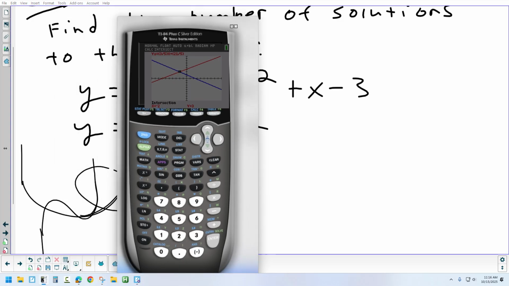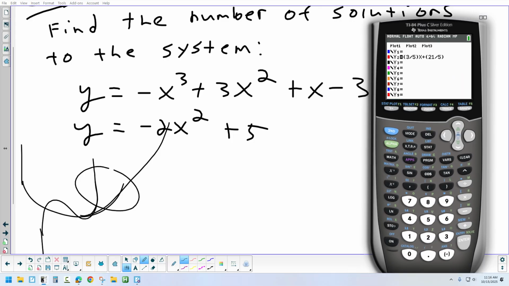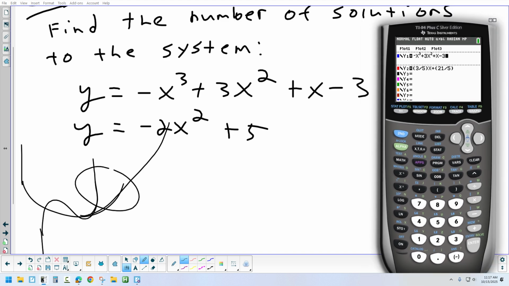Let's graph it and determine the number of solutions. They're not asking for the solutions, just how many. 3x squared plus negative 2x plus 5. Okay, do zoom 6.